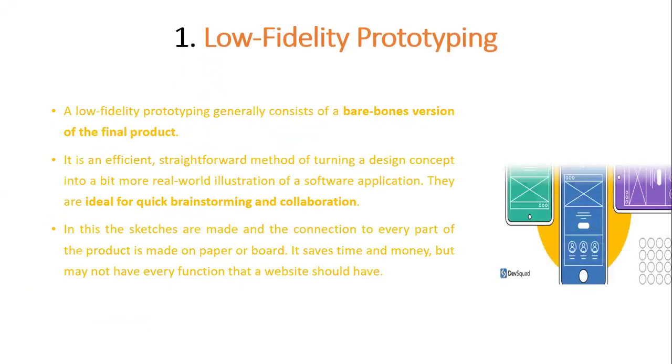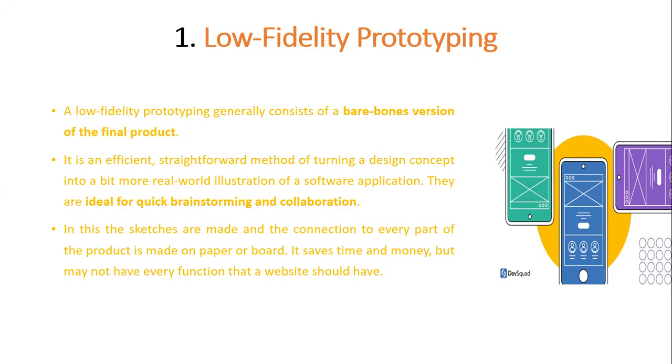First one is low fidelity prototyping. In this stage, the design concept or idea is available in the form of a basic sketch model, and each and every item will have a connection to every other part of the product, made simply on a paper format. It is one of the simplest and most efficient methods.